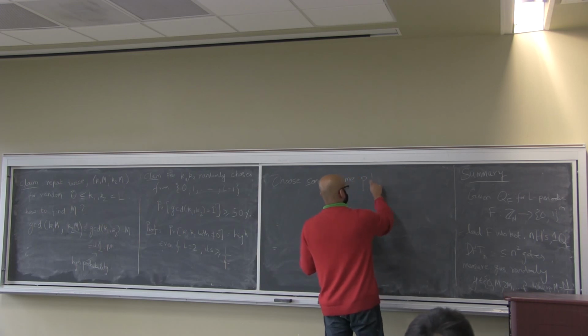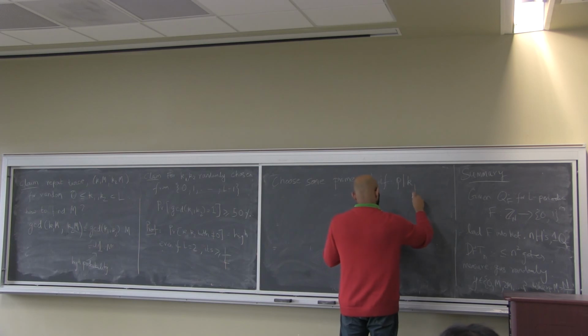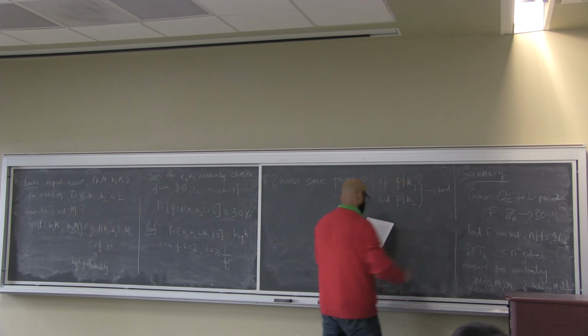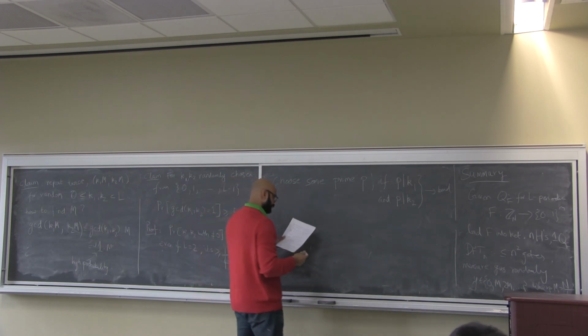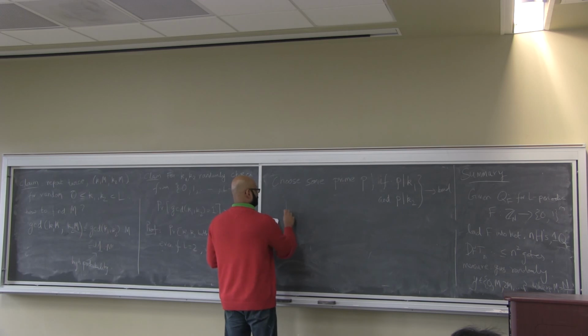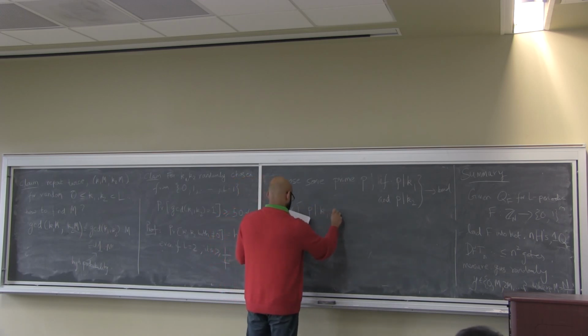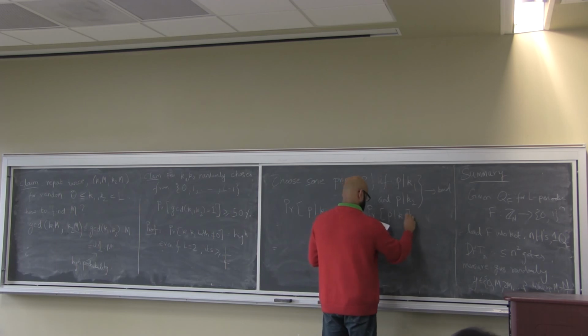If P factors k1 and P factors k2, that's bad, so throw away this P. So the probability that this happens, that is, the probability that P factors both k1 and k2, is equal to the probability that P factors just k1, the whole squared.